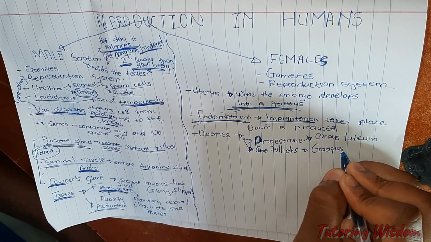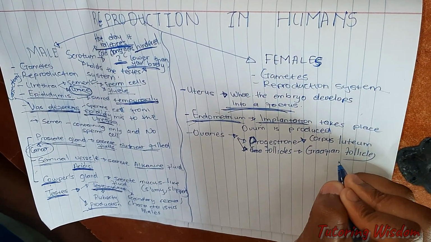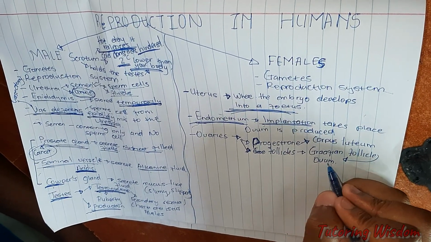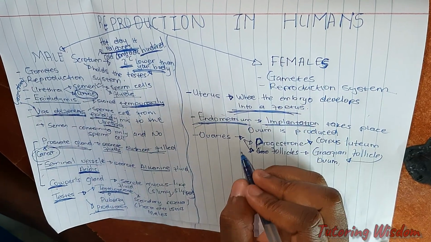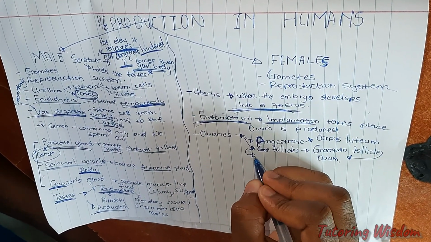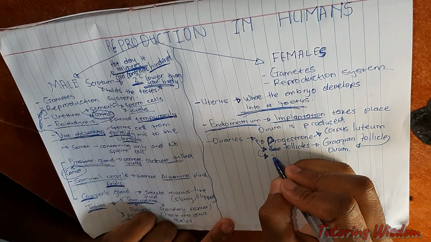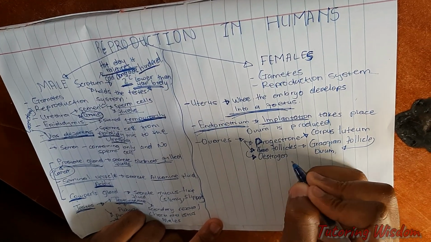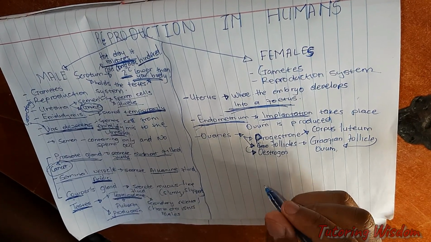Inside that Graafian follicle, you find the ovum. The ovum starts developing inside the Graafian follicle, whereby now the hormone secreted by the Graafian follicle is your estrogen. So that's the first hormone before progesterone.